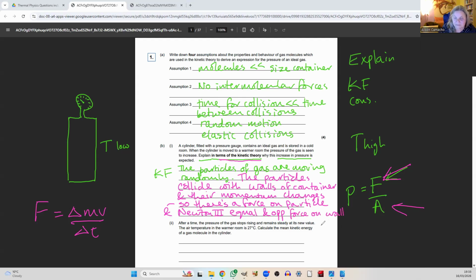And then pressure is force over area. So the gas particles exert a pressure, with the contributions added together.